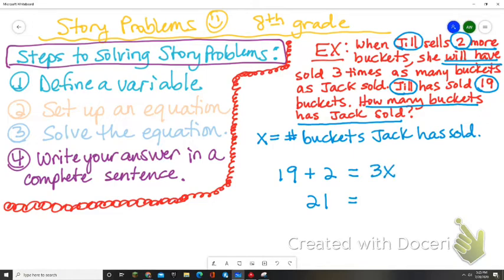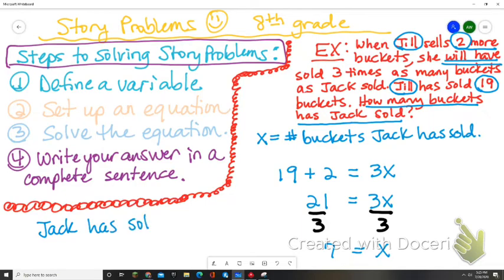So that's represented as 3x because we don't know what Jack has. So now we set 3x equal to 21. We're going to solve this equation by dividing by 3, and we get x equals 7. So that means Jack has sold 7 buckets. And that's our final answer.